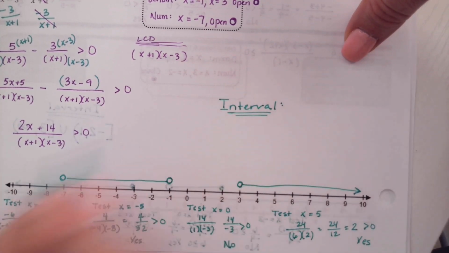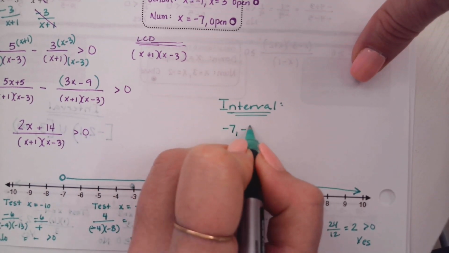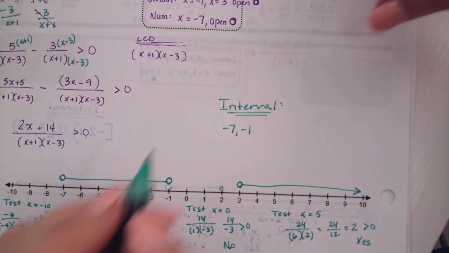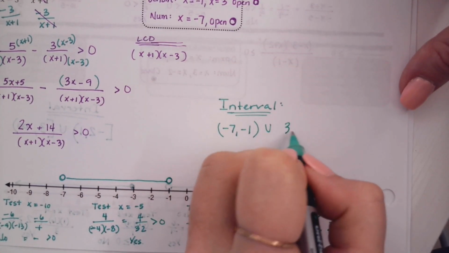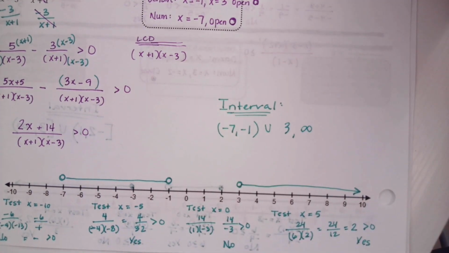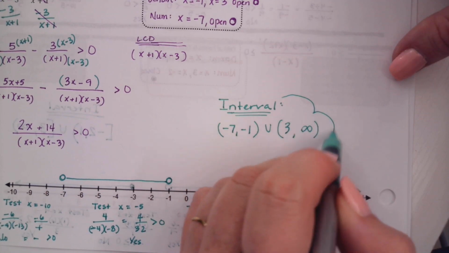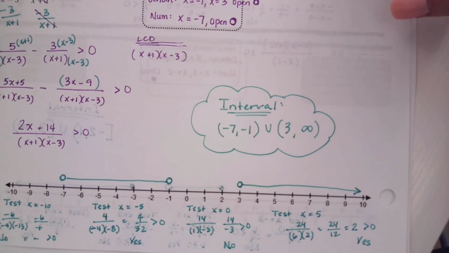So we'll start with negative 7 to negative 1. What type of symbols? Parentheses on both. And then we'll have 3 to infinity. What type of symbols? Parentheses on both.